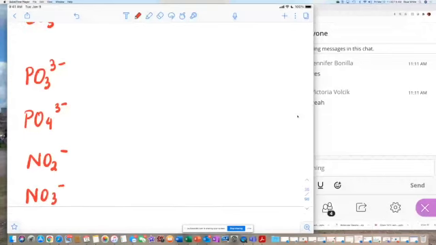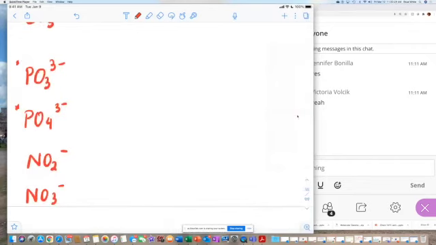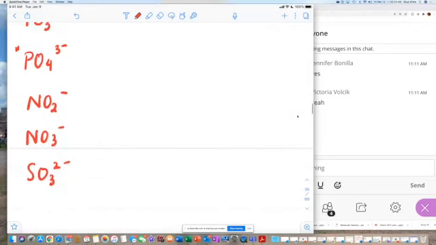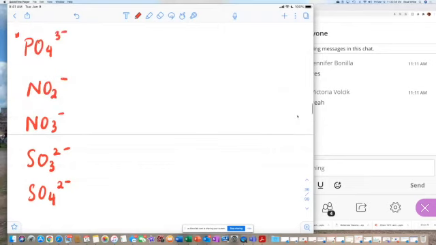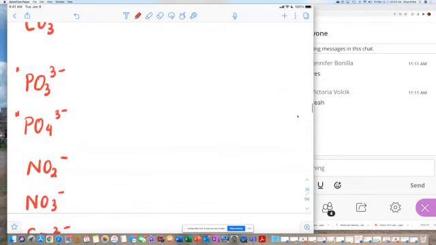Let me add one more set, the sulfurs: SO3 2 minus, SO4 2 minus.